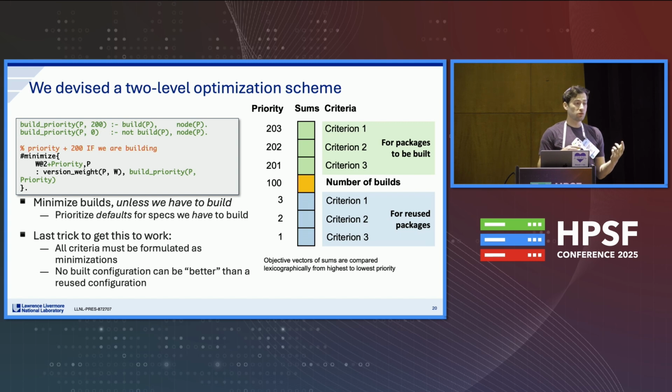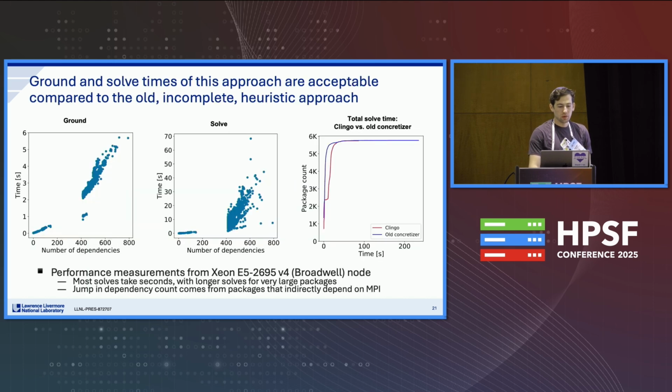So if you can reuse something, you don't have to care as much about how it was built. But as soon as you can't reuse it, those priorities go up. And I mentioned before, to get this all to work, everything has to be minimization.